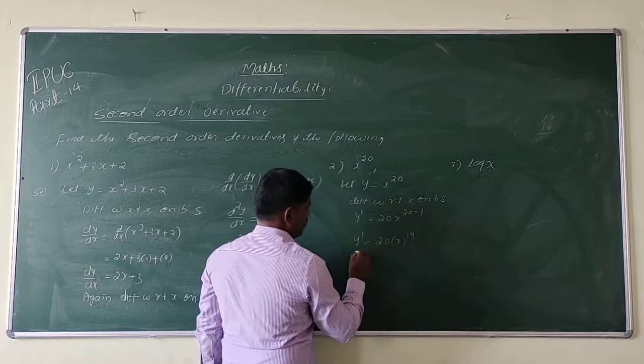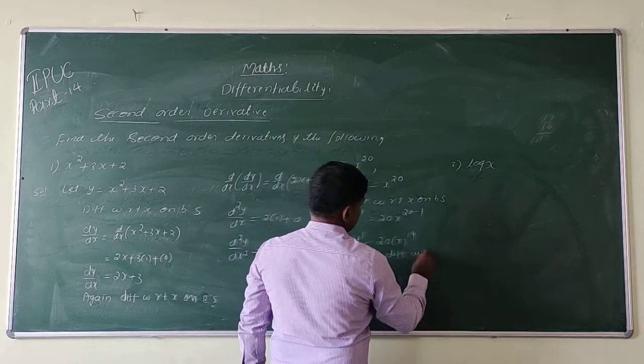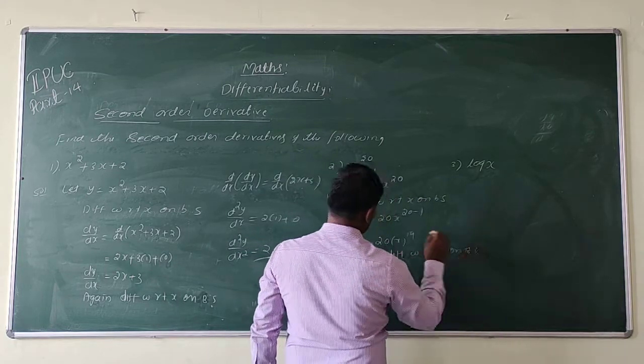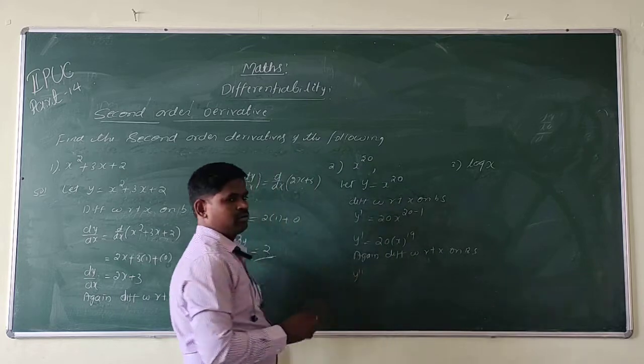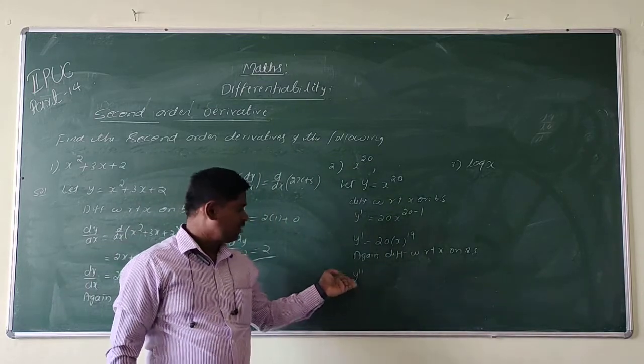This is again differentiable, therefore we again differentiate with respect to x on both sides. Then we get y double dash, since the second order derivative can also be denoted as y double dash.